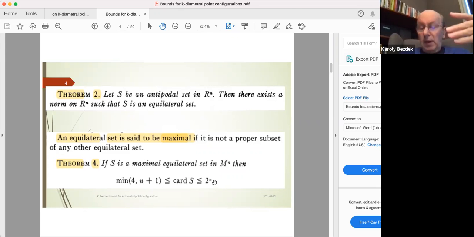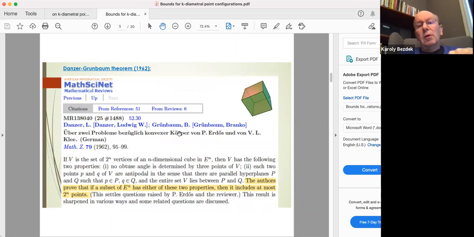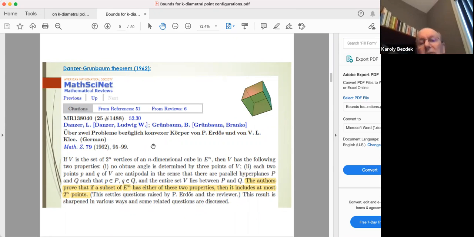So as we now know, if we take a maximal equilateral point set, then it has to be antipodal. And so one can recall this rather classical and well-known paper of Danzer and Grünbaum, in which they show that if we are in R^n and we take an antipodal point set, then its cardinality is at most 2^n.